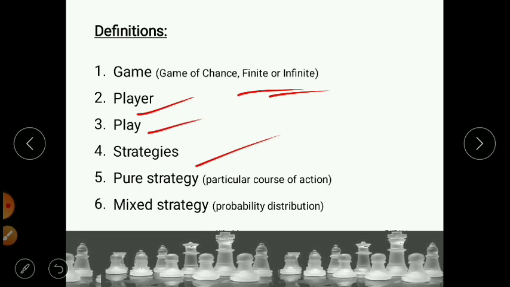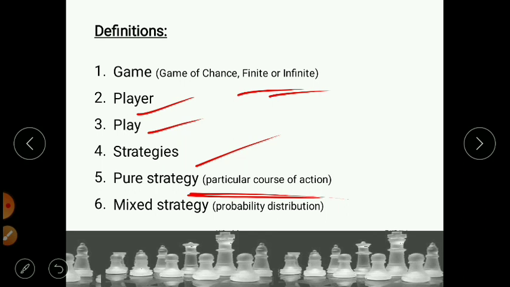Now, what is a pure strategy? Pure strategy is the decision rule to always select a particular course of action. It is usually represented by a number with which the course of action is associated. I will take an example in our coming subsequent slides.